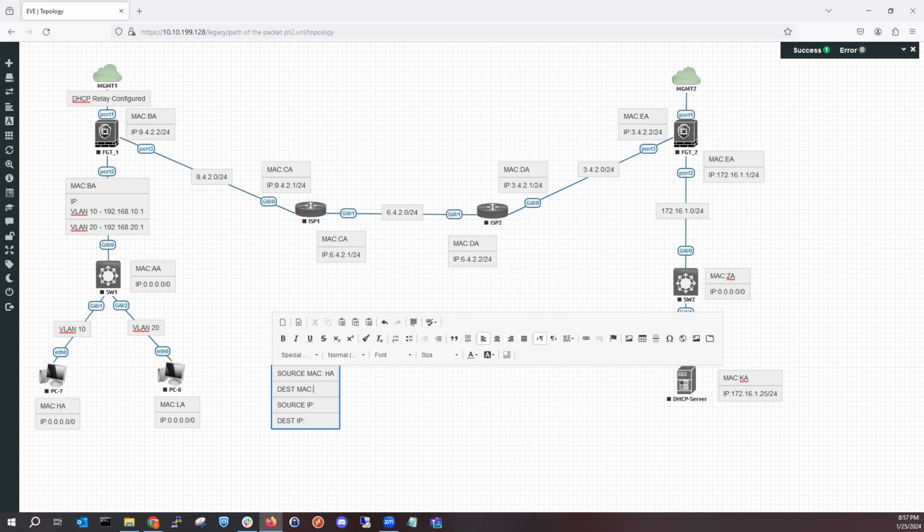And if it's sitting at the switch, the destination MAC address, the frame should still be the same. So the destination MAC address is BA, and the source IP is still 0.0.0.0/0. Okay. Destination.